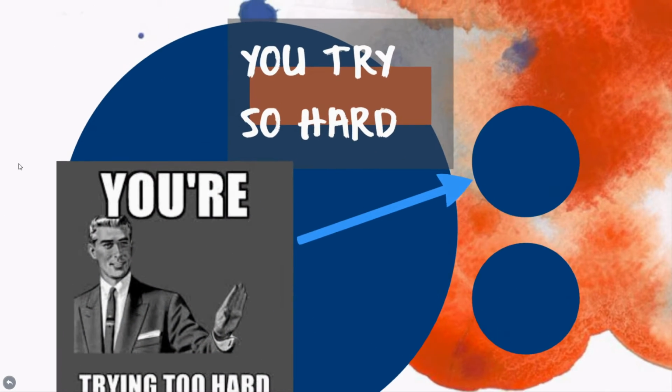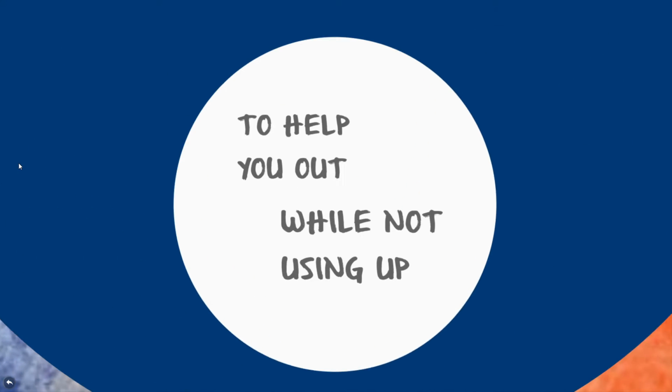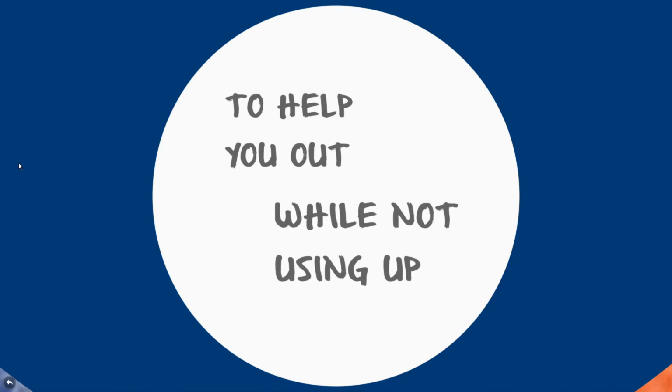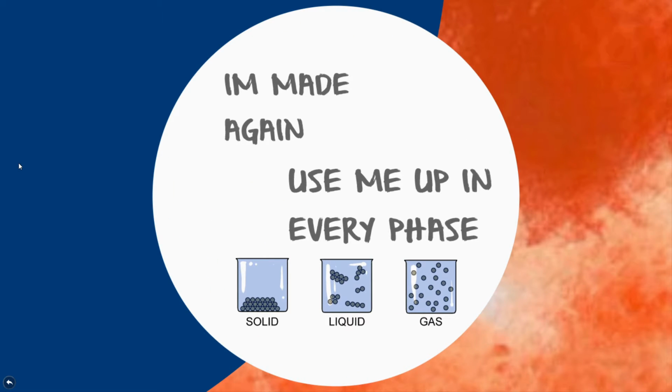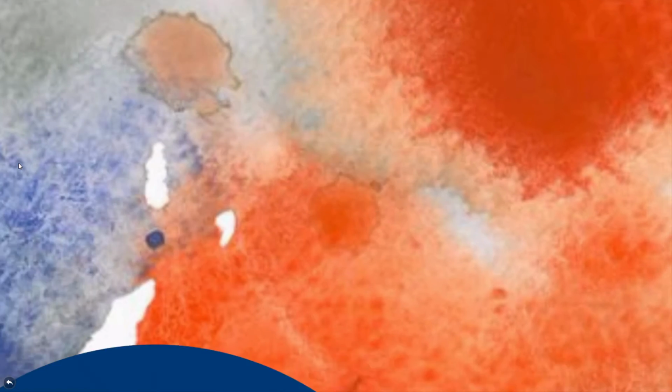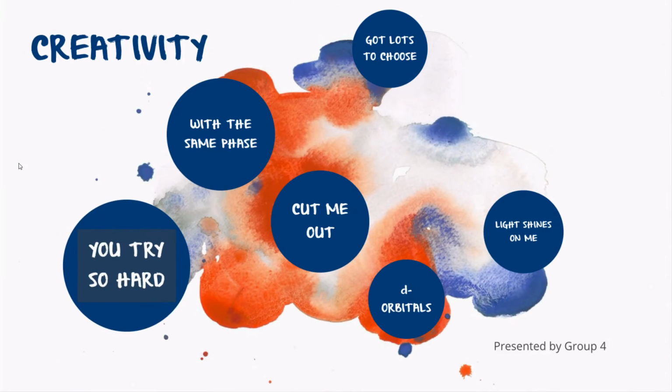You try so hard, but the reaction looks too slow today. To help you out, no use giving up. I made again, use me up in every phase. Transition metals, here I am.